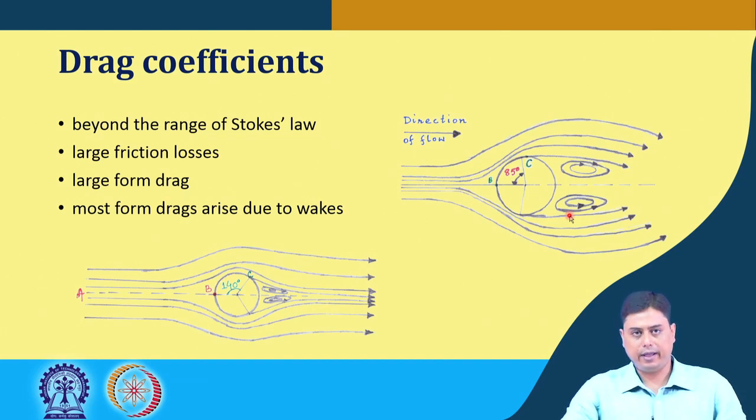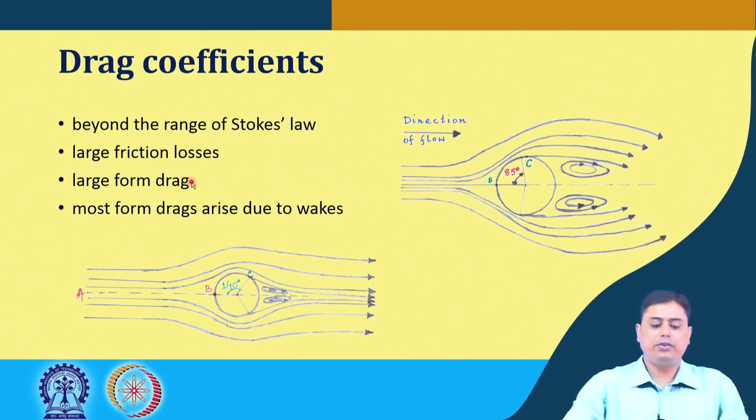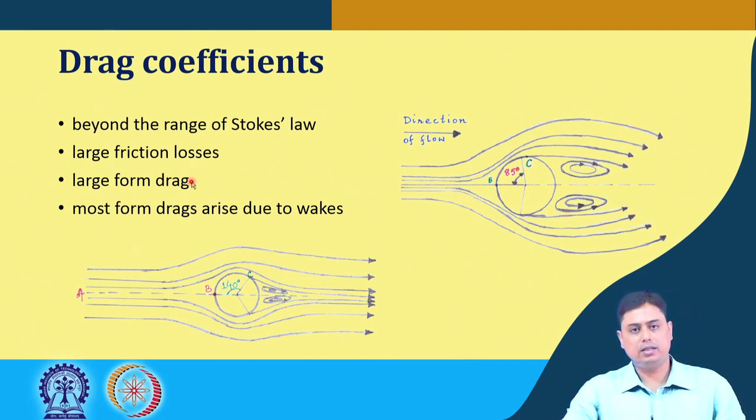Now, this wake formation creates large form drag. In fact, most form drag arises due to wakes, and large frictional losses happen in these cases. Eventually, it is seen that if you apply Stokes law in such cases, it doesn't give you the appropriate value, and in fact the actual values are much higher than those estimated by Stokes law.